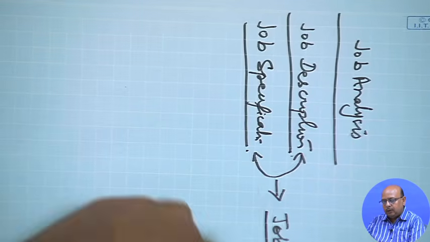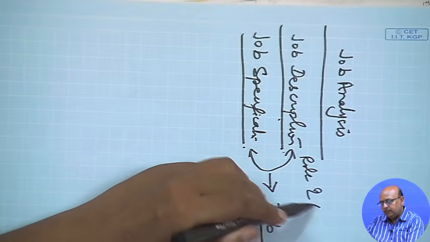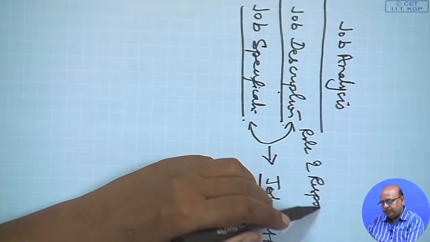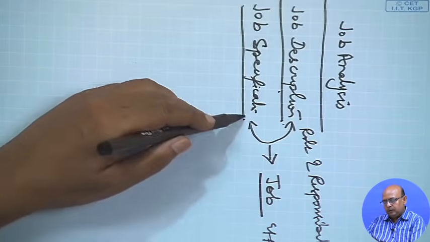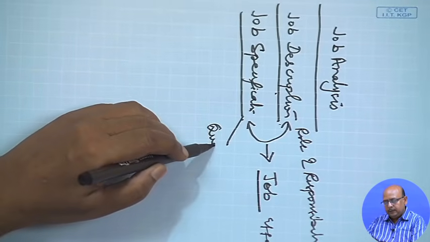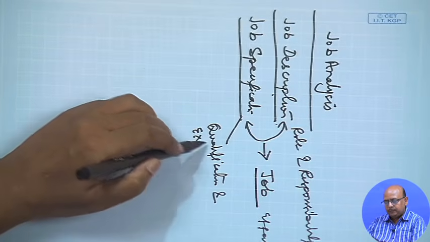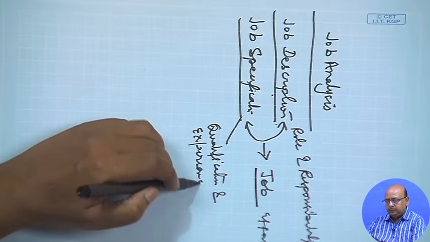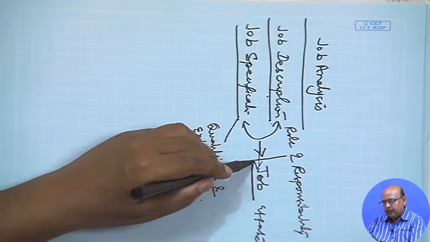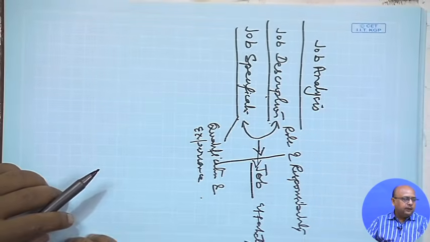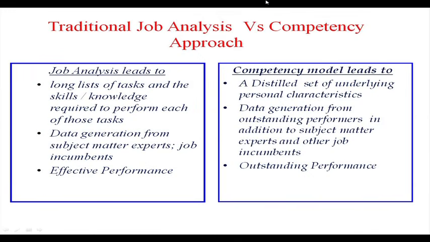So, through the job analysis process you identify roles and responsibilities associated with the job, and not only roles and responsibilities, but you also identify the qualification and experience that is required for the job. So, you match these two and see that it helps you to perform your job effectively, right. So, that is what this traditional job analysis approach is, right.